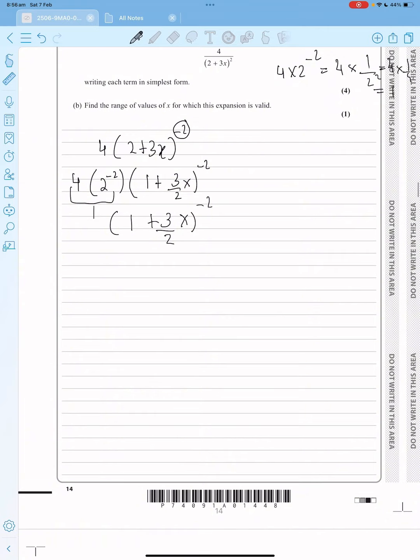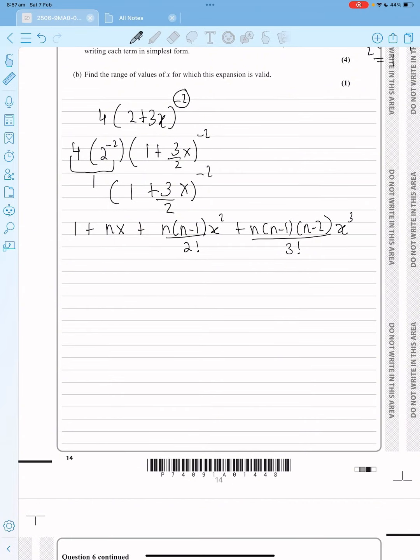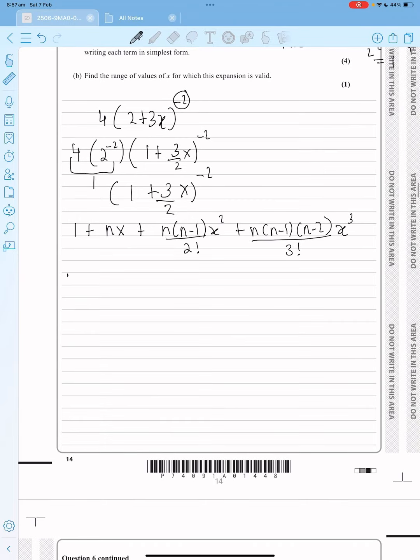The formula, let's write it out. It's 1 plus nx plus n times n minus 1 over 2 factorial x squared plus n times n minus 1, n minus 2 over 3 factorial x cubed. So those are my first 4 terms. So therefore, let's start filling it out. 1 plus, what's my n? It's minus 2.